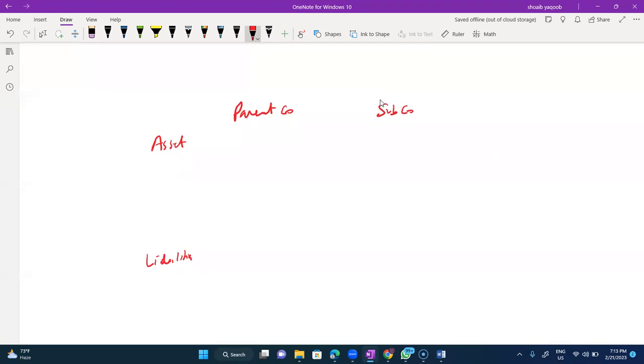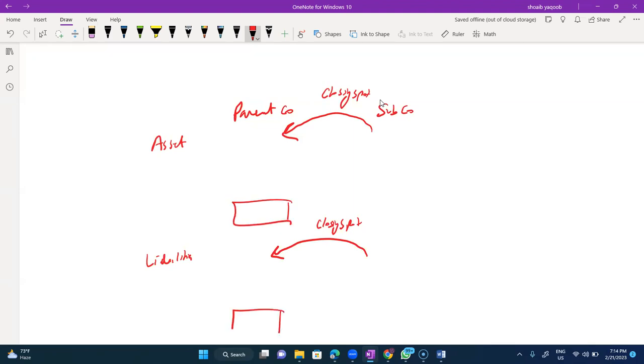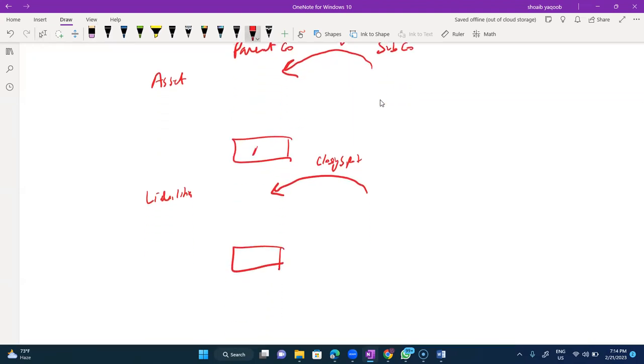What you have to do is convert the subsidiary company data into parent company data at the closing spot rate. Similarly, you have to convert the liabilities into parent company liabilities at the closing spot. Your risk will be on the net assets: this is total assets, these are total liabilities, and these are net assets.